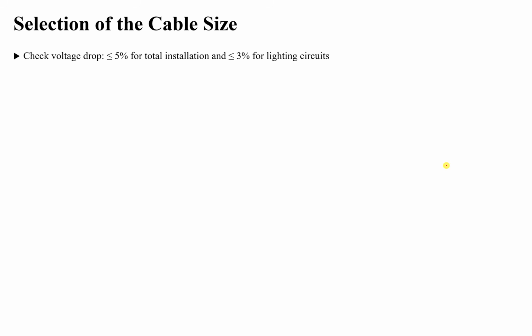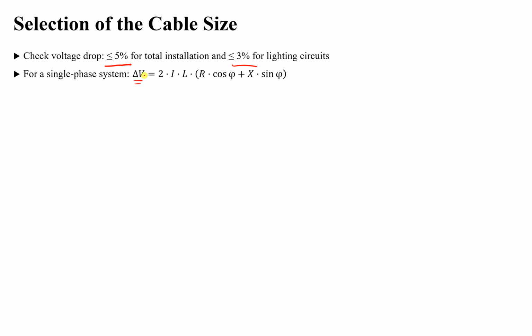Now the last step is checking for voltage drop. I have discussed how to do voltage drop in another video. For now, it will be less than 5% for the total installation and 3% if you have a lighting circuit. Now how can we calculate the voltage drop? It will be delta V for a single phase.